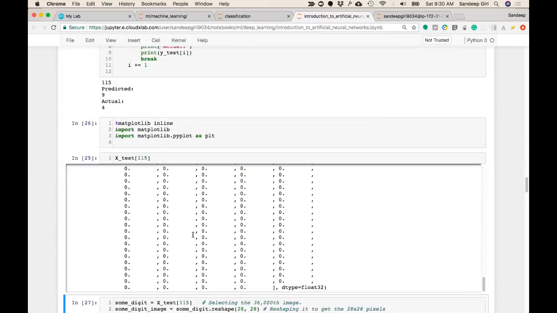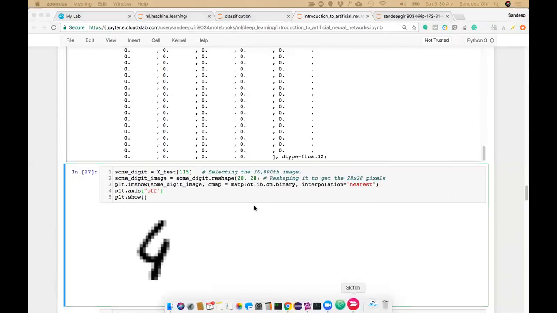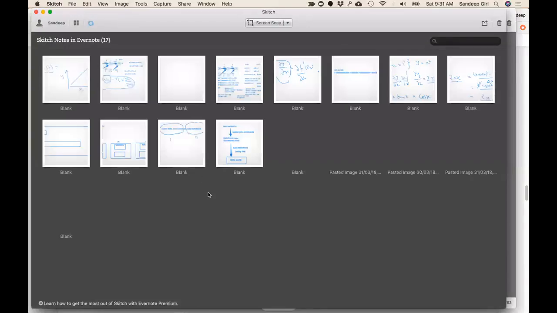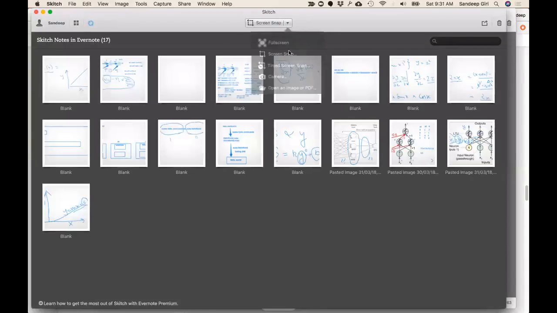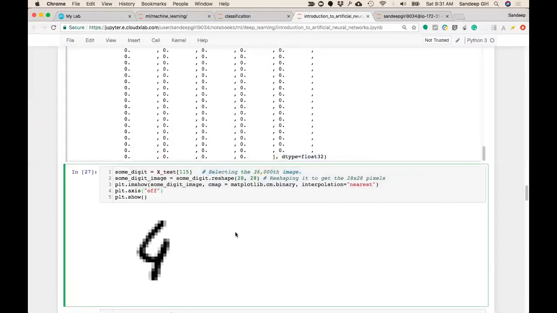No wonder, maybe the way mostly 4 has been written is actually like this. So it's not the fault of the network actually. The data is also, the way we generally write 4 is like this in this data. The 4 like this is very rare, or 4 like this is very rare. So it's doing pretty good. You can see that.